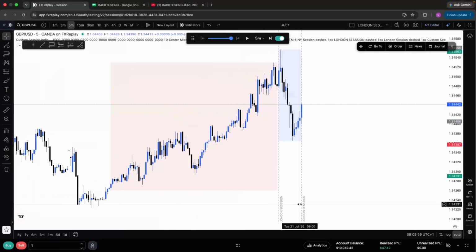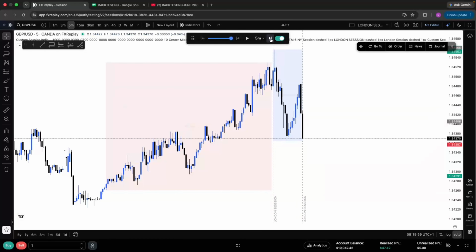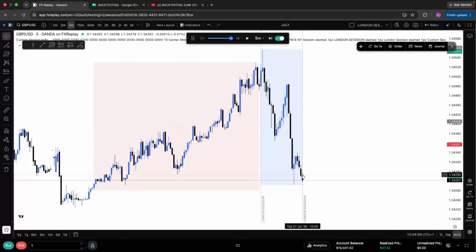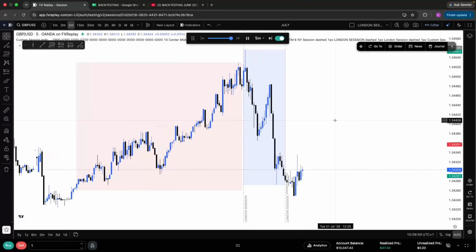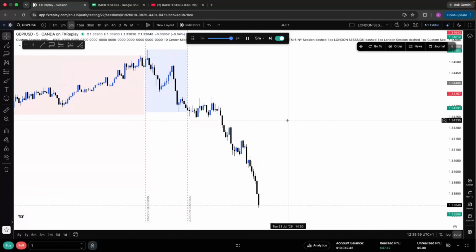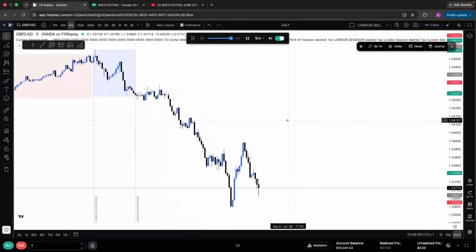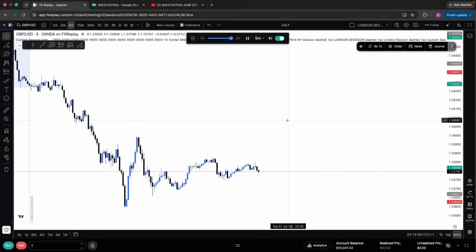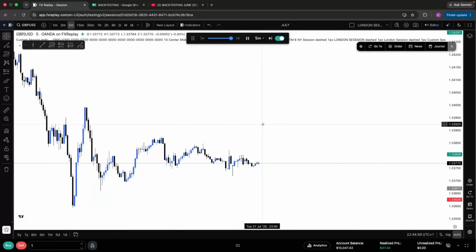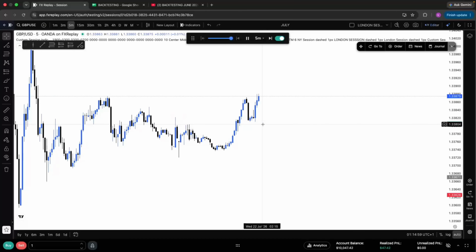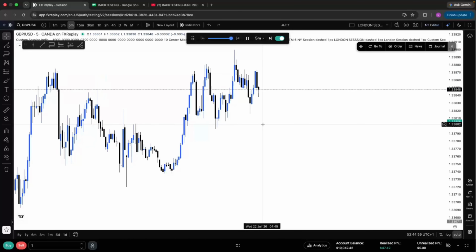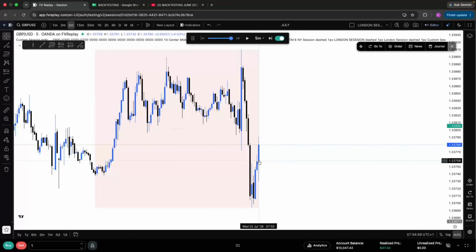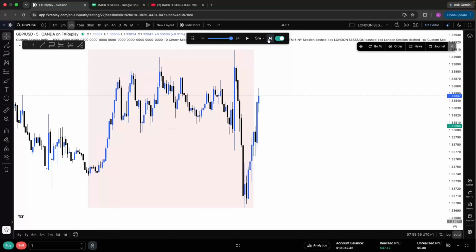Break to the upside. A break to the downside. As of yet, 10 a.m. hit, so no trade. Now 7.